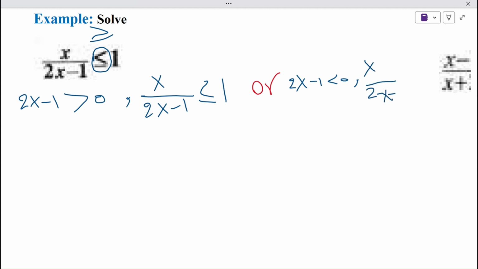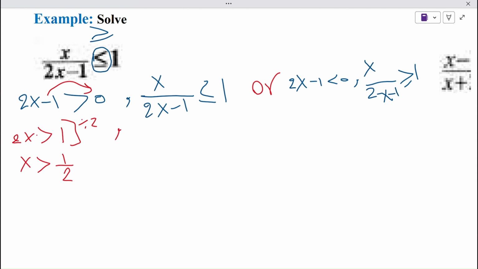Let's solve these two sides. The first side, just write down the value of x. Here we have 2x greater than, put this one to the other side of the inequality. This becomes 1. Then divide both sides by 2. x is greater than 1 over 2. Okay, what about this side? Just use multiplication.